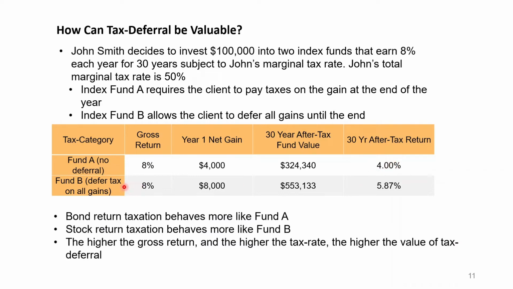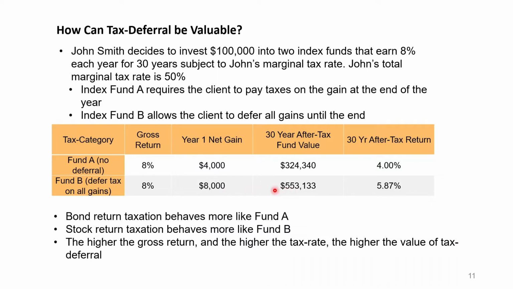However, if you can defer all the gains, each year you're getting the full $8,000 gain. You're not paying taxes. You don't have a tax drag each year. And that's also compounding. So that $8,000 is being added to your principal, and it's compounding. And yes, you do pay taxes at the end of 30 years, but you have the benefit of compounding during those 30 years.